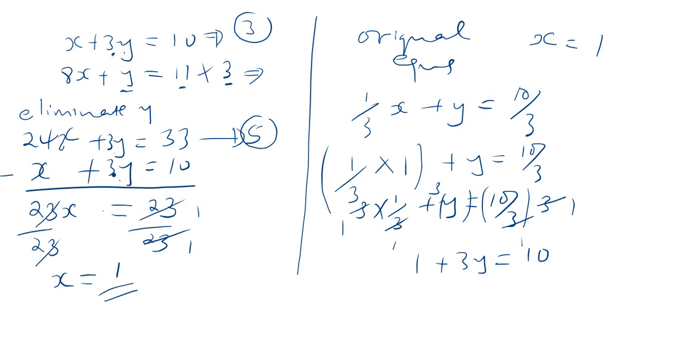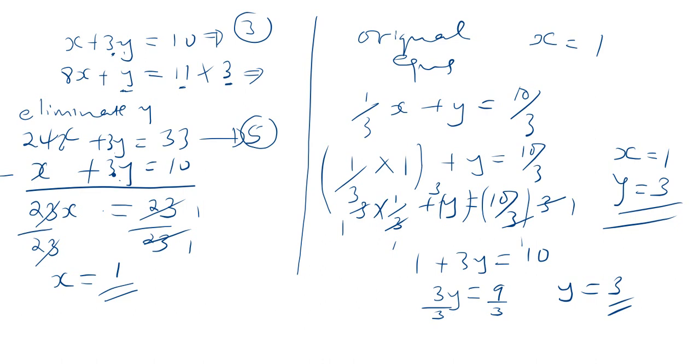Let's group like terms together. We have 3y is equal to 10 minus 1, which is 9. We divide both sides by 3. And when you divide 9 by 3, we get y is equal to 3. So in this case, our solution is x is 1 and y is 3.